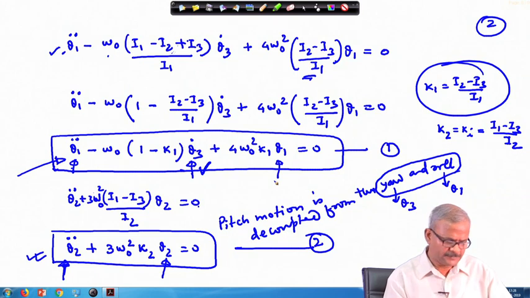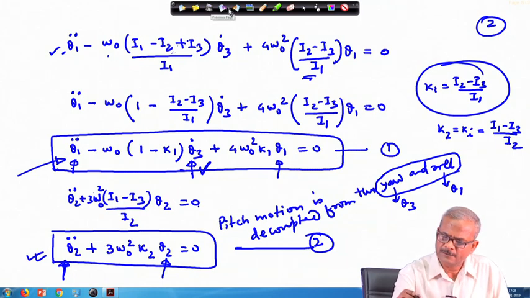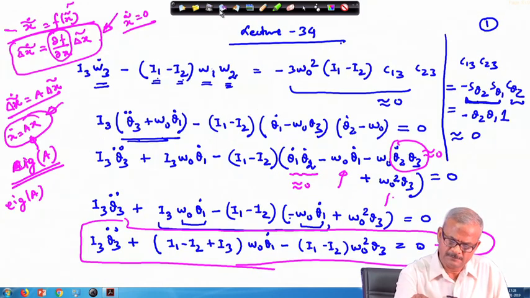And then theta 3 dot, finally we have to write. So, theta 3 dot, we go back into the equation, theta 3 dot is here.